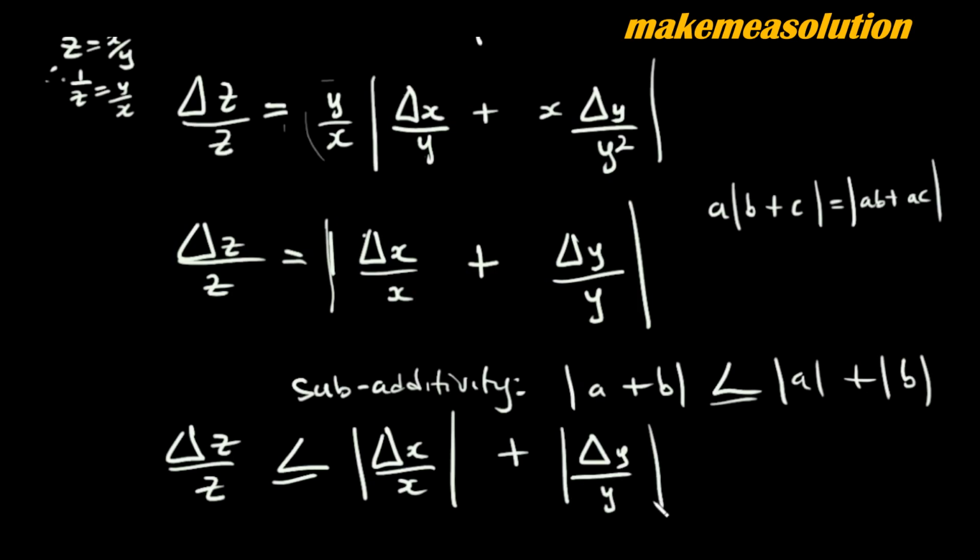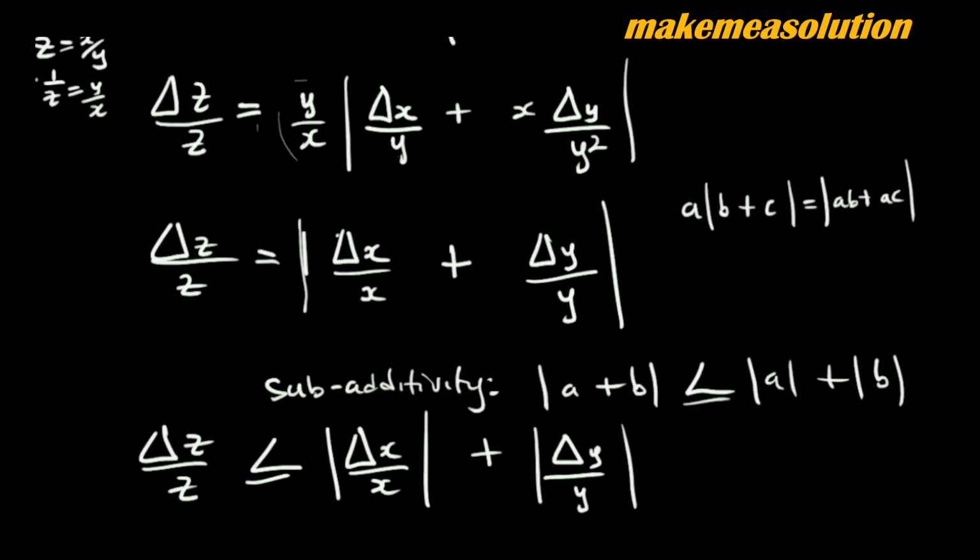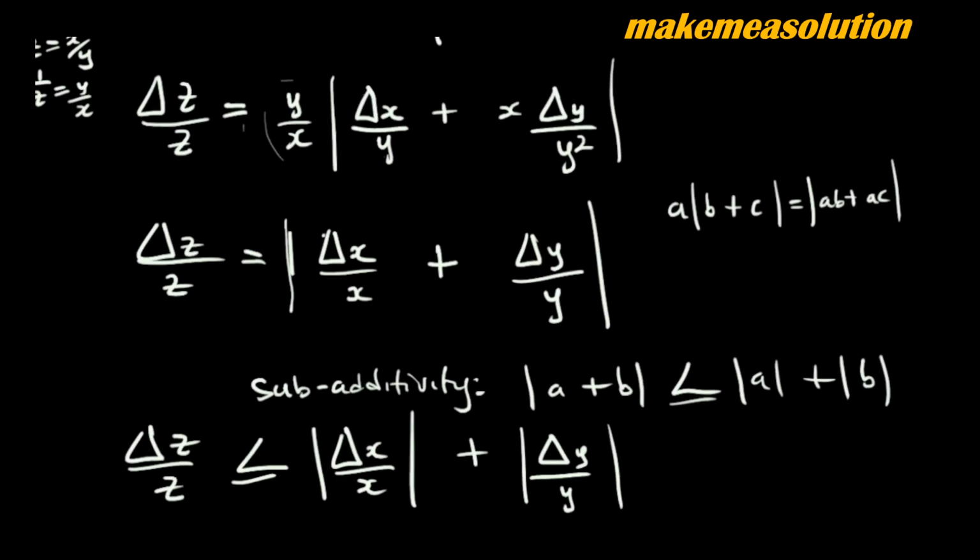Is that okay? So you can now see that this is exactly the same thing that we got for multiplication. This is the same thing that we got for multiplication.